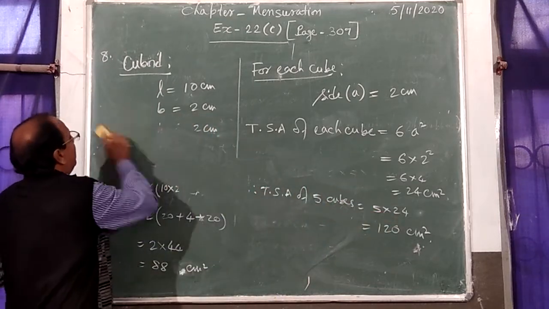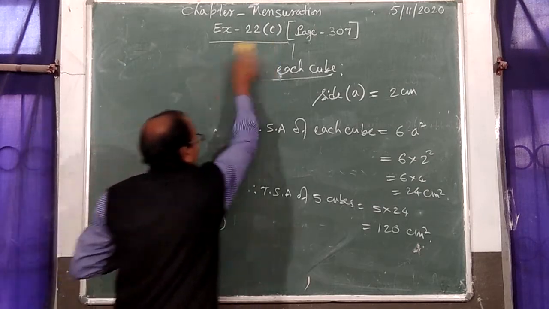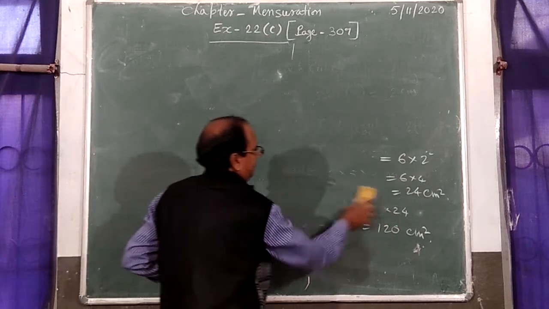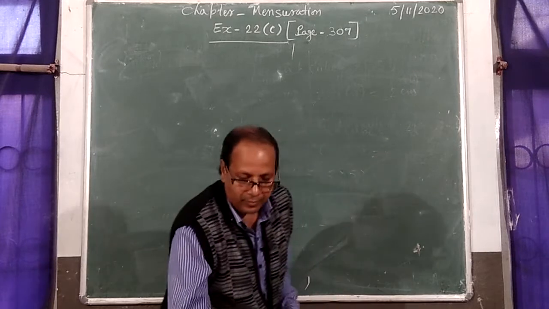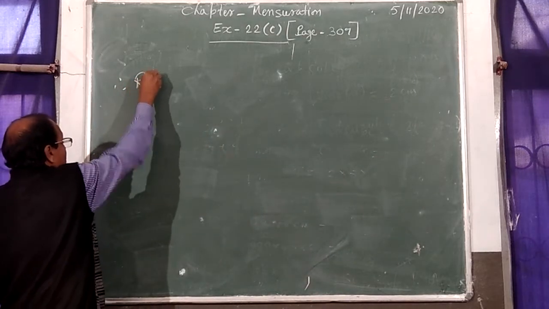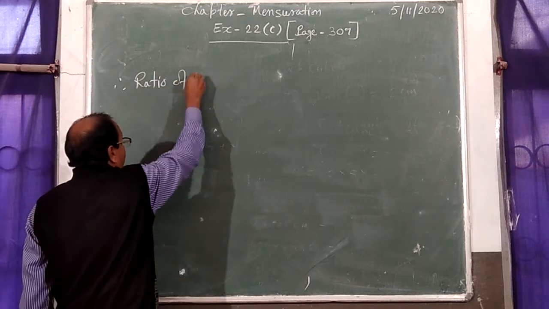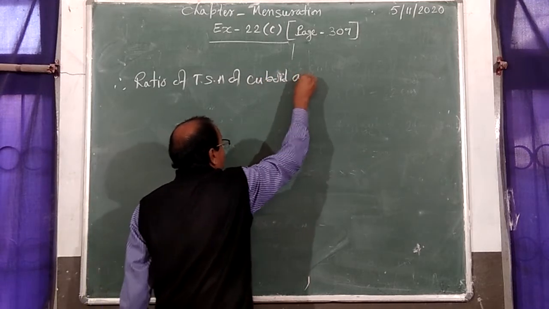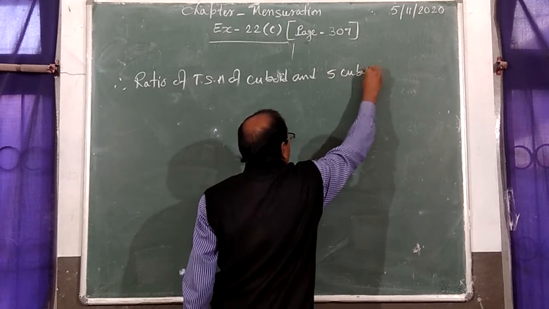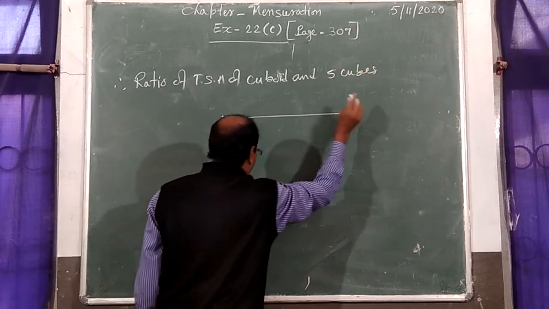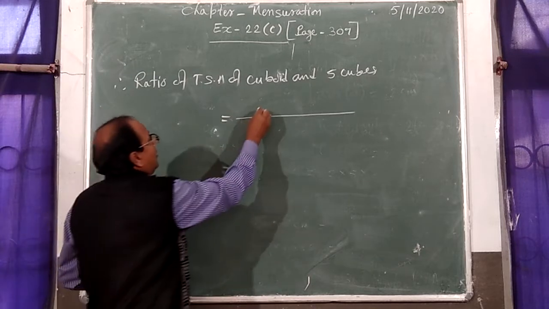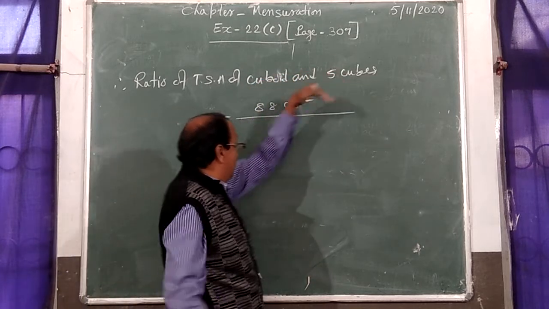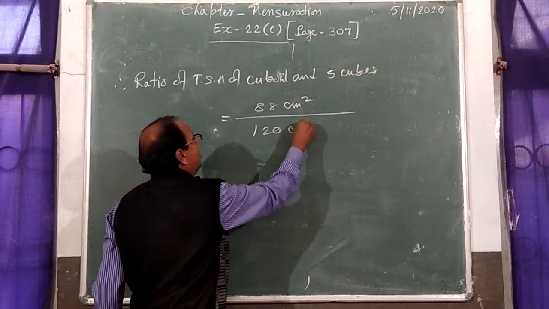Therefore, the ratio of total surface area of cuboid and 5 cubes equals total surface area of cuboid, here 88 centimeter square, and total surface area of 5 cubes, here 120 centimeter square.